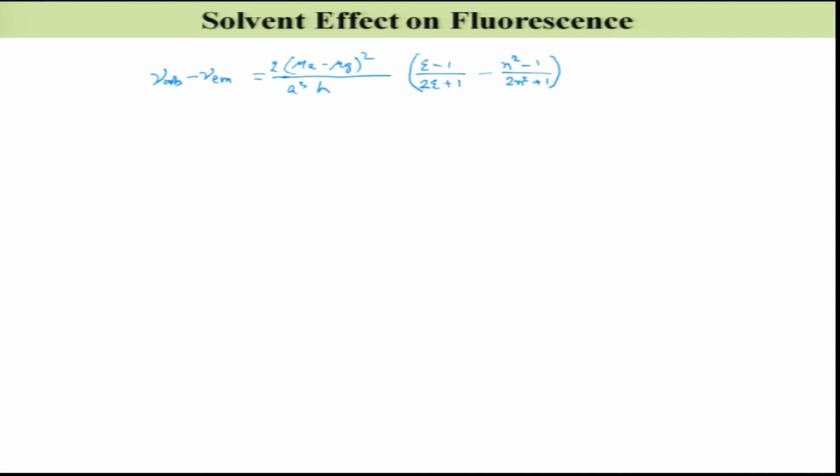So, then I can also write nu bar absorption minus nu bar emission is equal to 2 by h c a cube, (mu_E minus mu_G) square, into [(epsilon minus 1) by (twice epsilon plus 1) minus (n square minus 1) by (twice n square plus 1)], right.